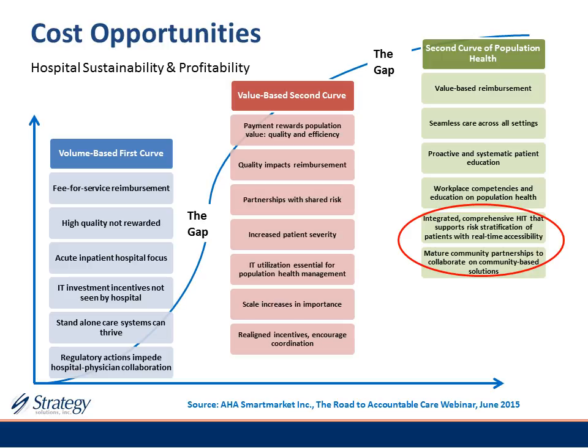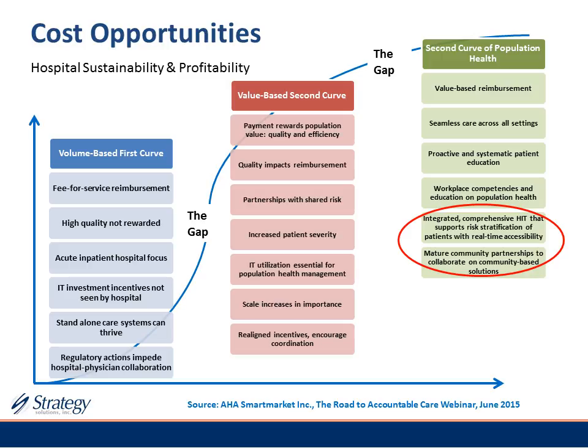And what you'll see on here is the two items circled in red at the bottom of the green boxes. These are critical success factors toward preparing for population health, including creating a seamless, integrated, comprehensive healthcare information technology that allows you to support risk stratification.